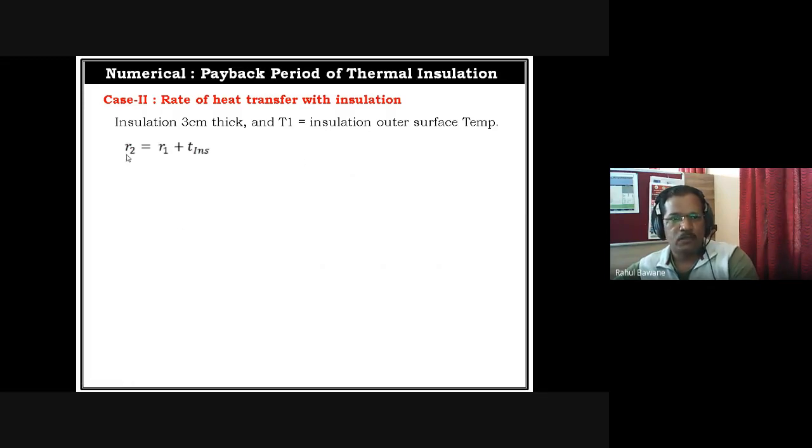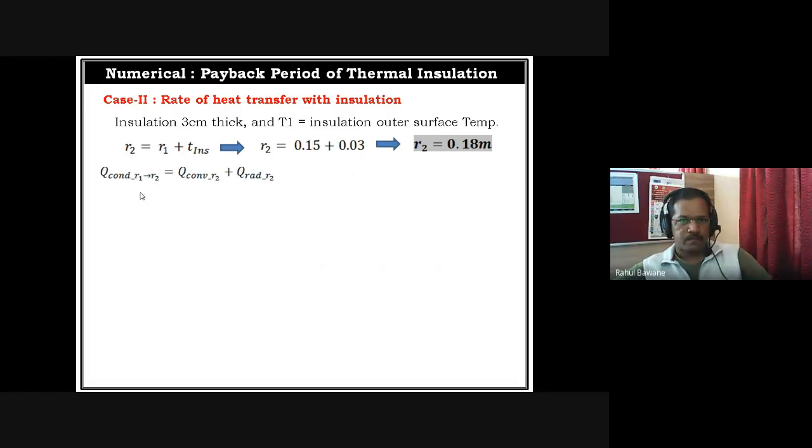R2 is pipe radius plus thickness of insulation. Pipe radius is 0.15, thickness of insulation is 0.03. So the outer surface radius after insulation becomes 0.18 meter.